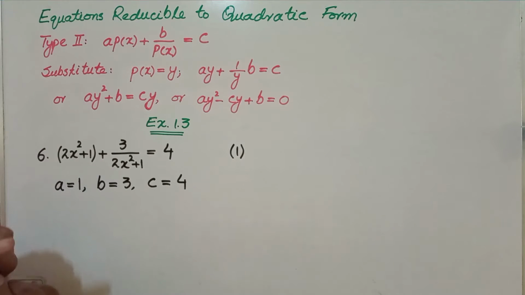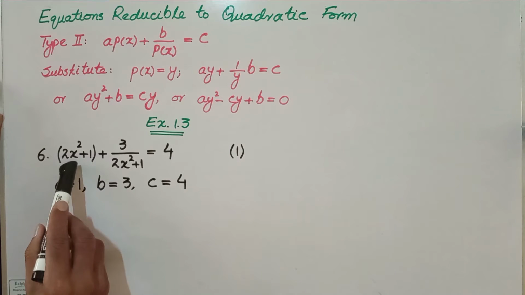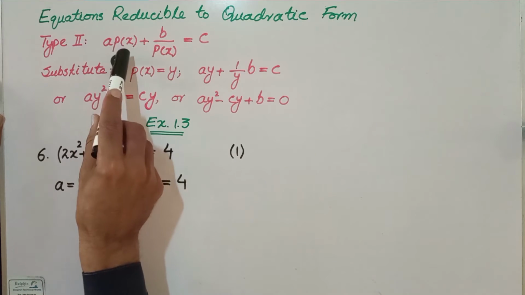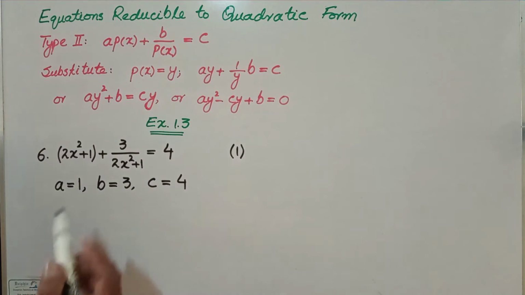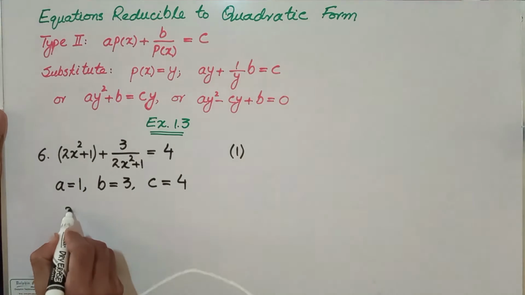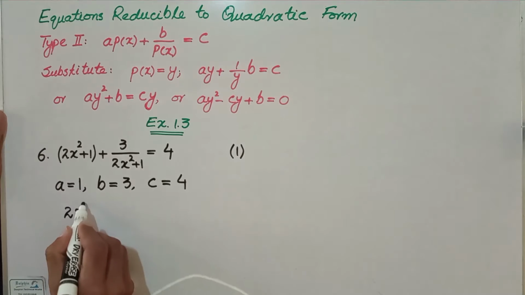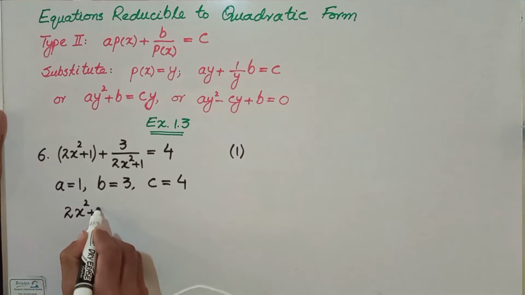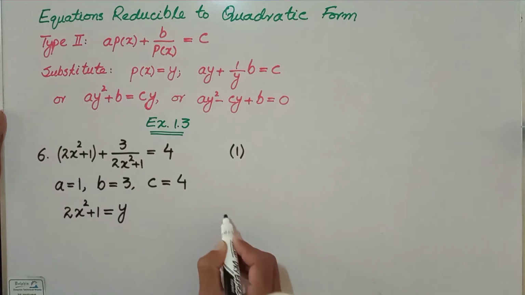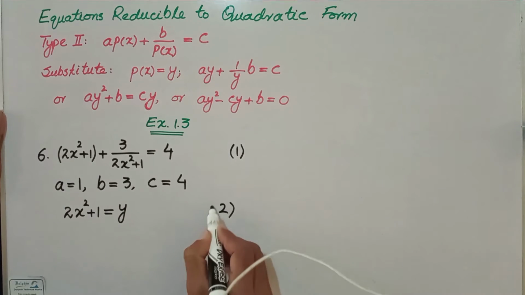Now we see that this is our p of x, because the coefficients of b and a are reciprocal to each other. So we'll substitute 2x square plus 1 is equal to y. We will call this equation 2.